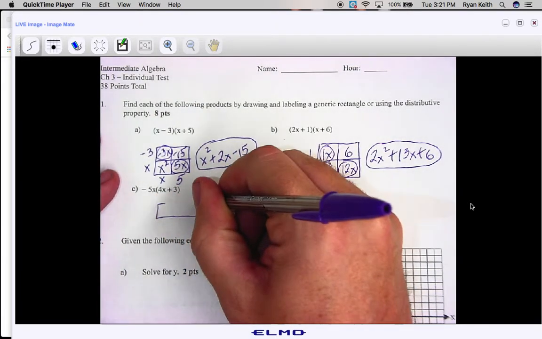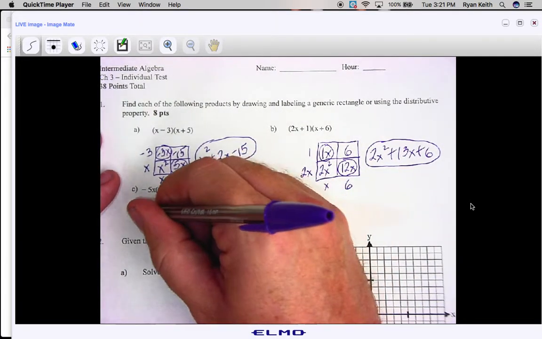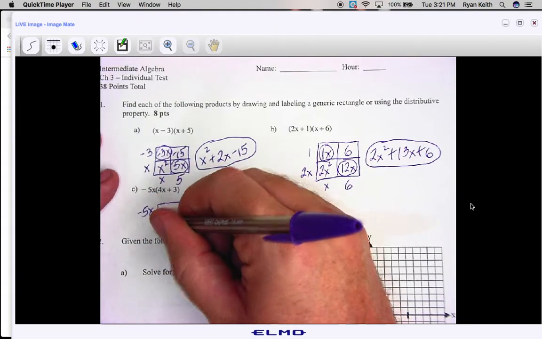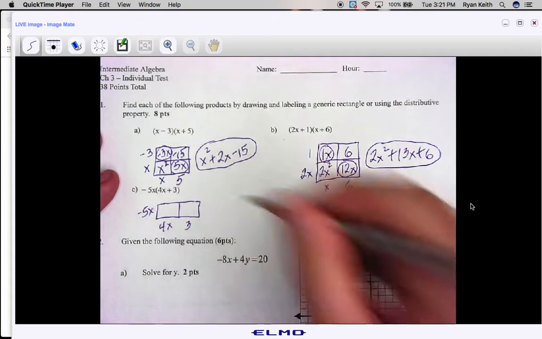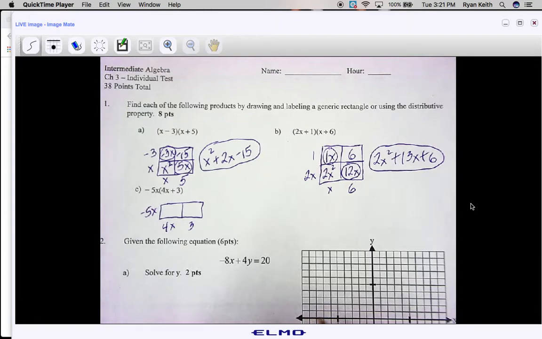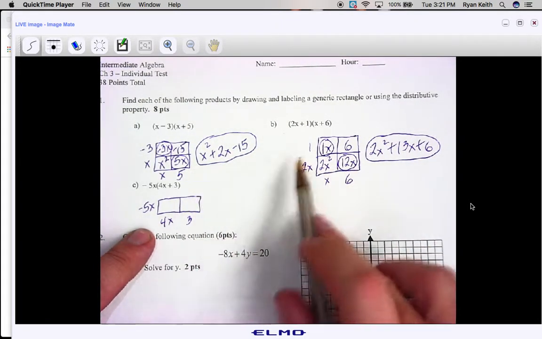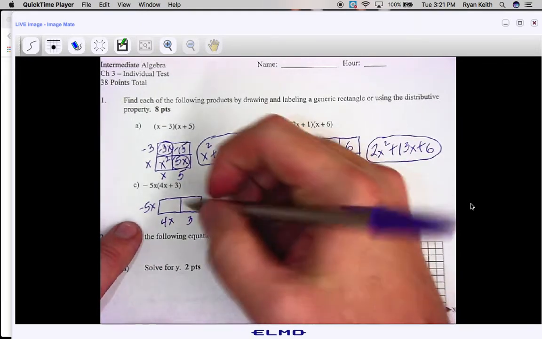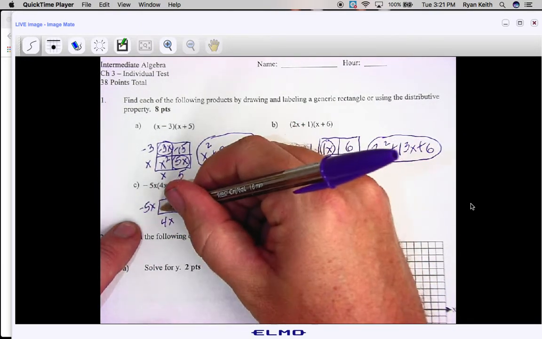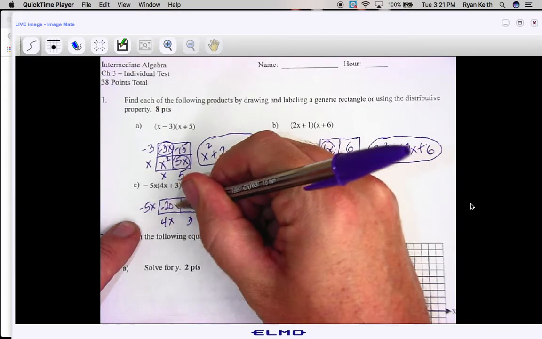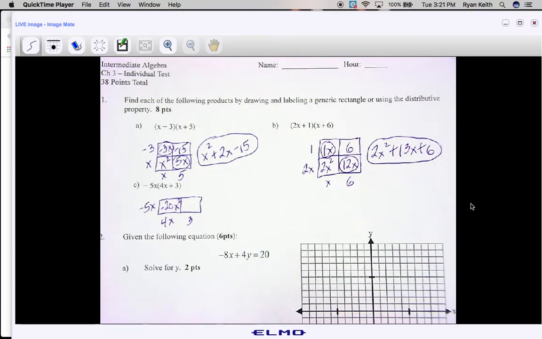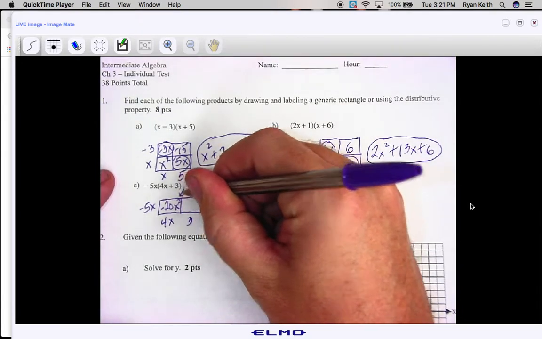Now I would still suggest a box for letter C, but frankly not many people drew it, and I can see why. You don't really have to, but as long as we're good at the box stuff up here, let's just use it again down below. Negative 5x times 4x. Negative 20x squared. A lot of folks left off that square right there.